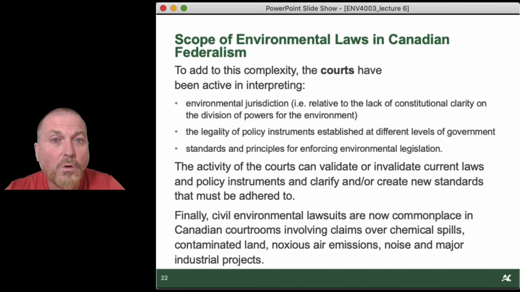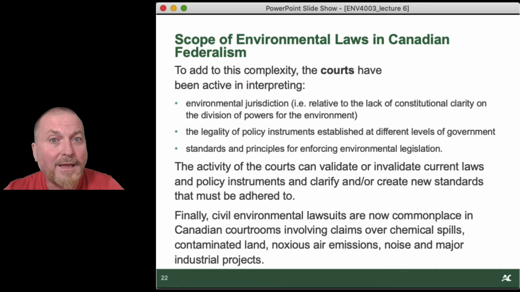And now there's a whole new dynamic that we're seeing, right? Over things like pesticides and glyphosate and that Roundup case and many other cases actually, where civil environmental lawsuits are beginning to impact environmental policy, right? Civil environmental lawsuits over toxic chemicals and contaminated land, noxious air emissions, noise in major industrial projects.